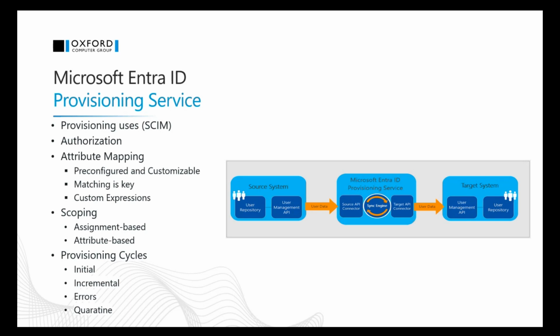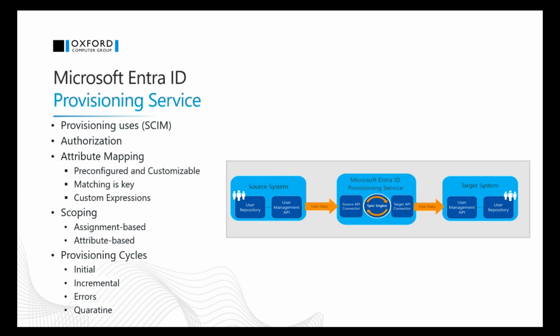You will have errors. If anyone never had an error, good for you. But there are going to be errors. If there is an error in a target system for a specific user, for additions, updates, deletes, it will be retried. So if you do see an error, it will constantly try to retry it, kind of like MIM.